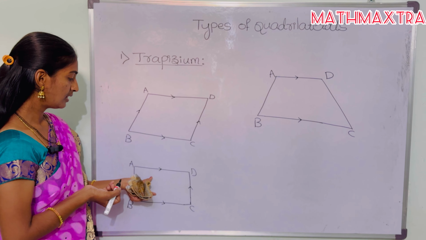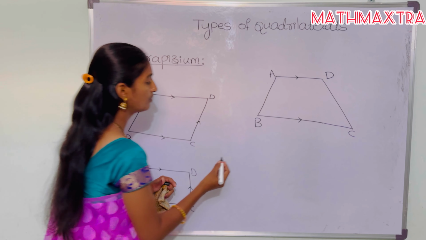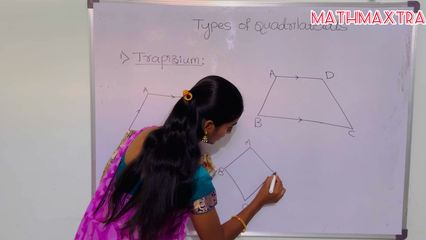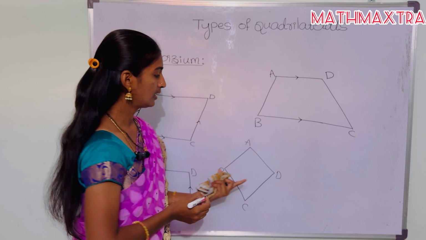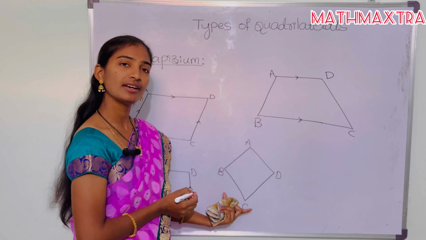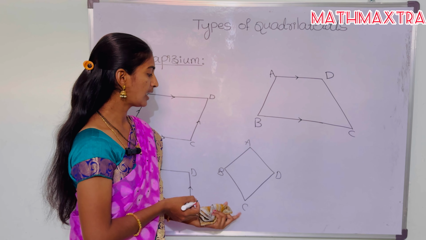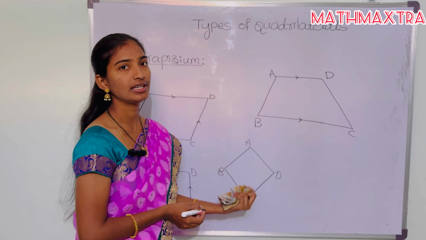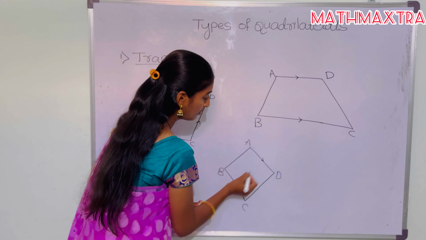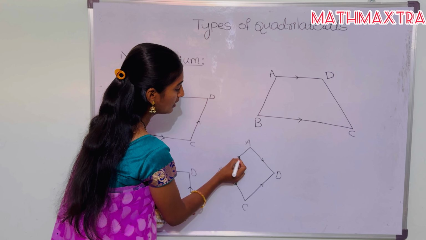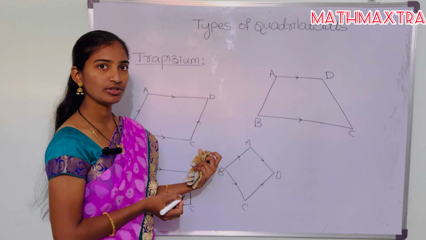Yes, this rectangle is also a trapezium. Yes, this is a rhombus. Is it a trapezium? Yes, it is a trapezium. In a rhombus, all the sides are equal and all the opposite sides are parallel, isn't it? That is why we can say that it is a trapezium.